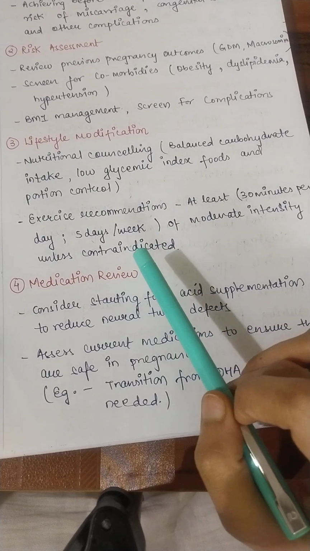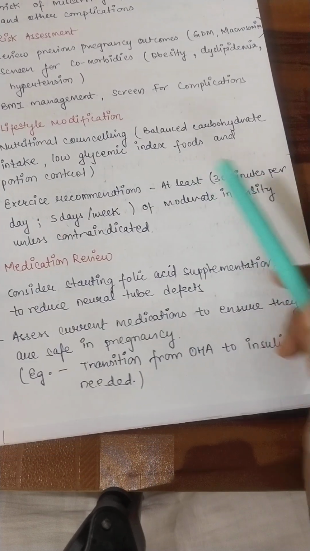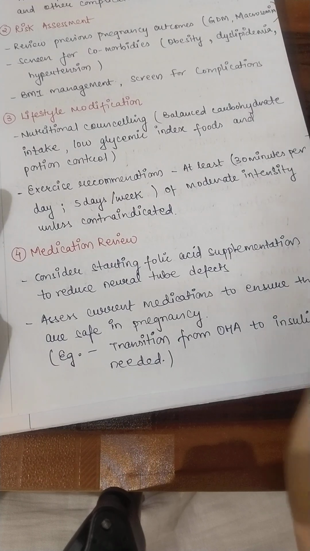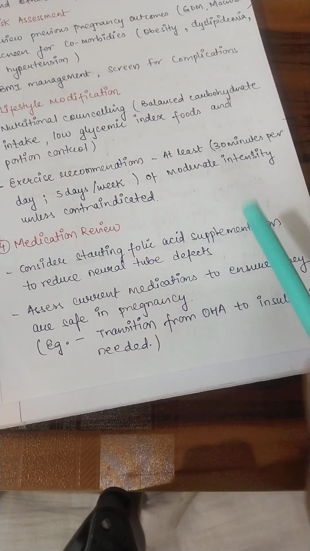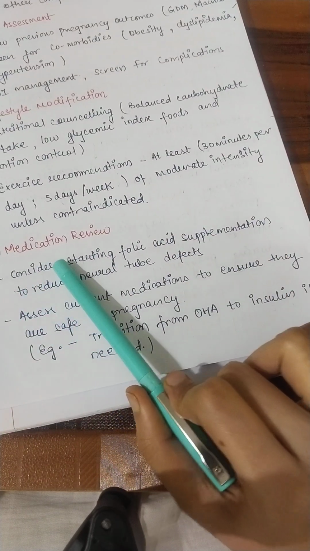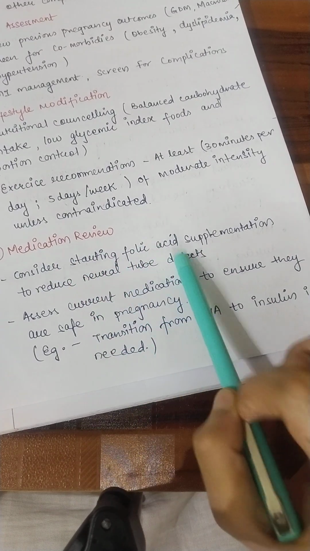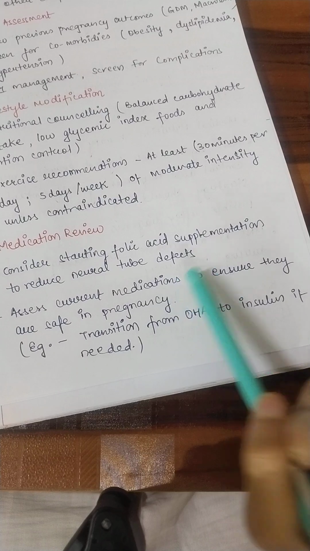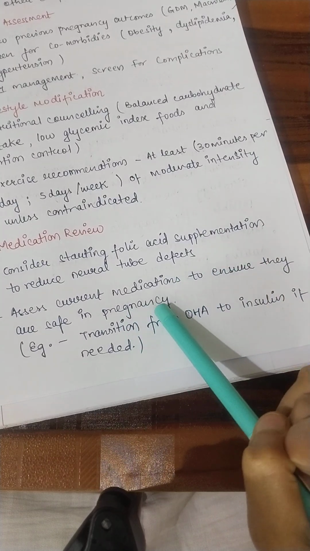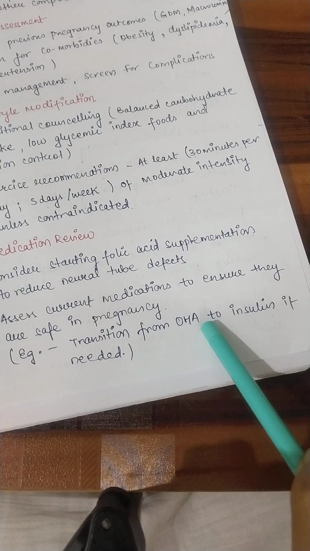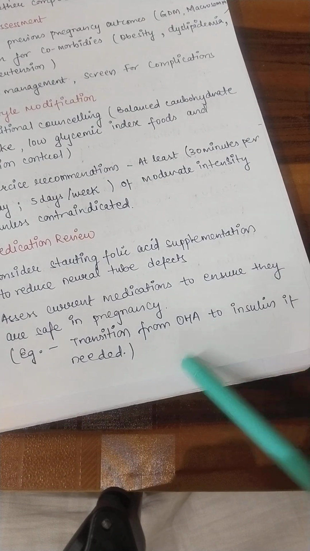Medication review: we have to review the medications the patient is taking, which should not be teratogenic and should not affect her pregnancy in any way. Consider starting folic acid supplementation to reduce neural tube defects, and assess current medications to ensure they are safe in pregnancy, for example transition from OHA, oral hyperglycemic agents, to insulin if needed.